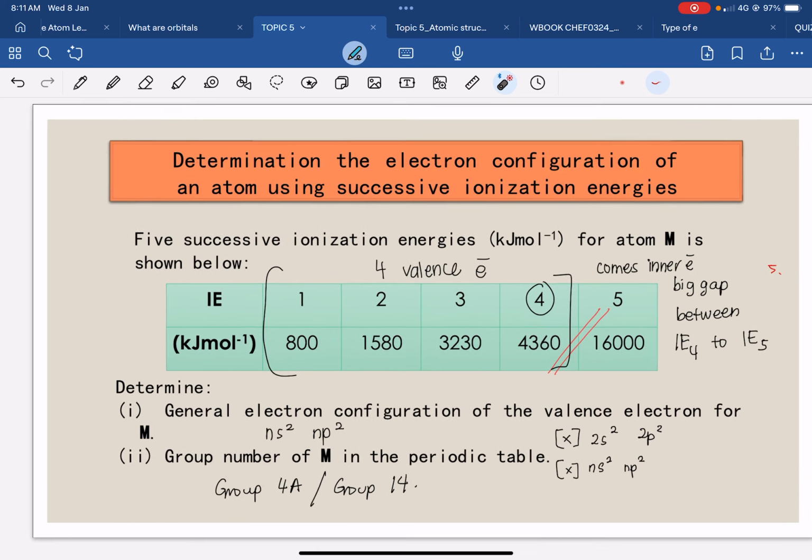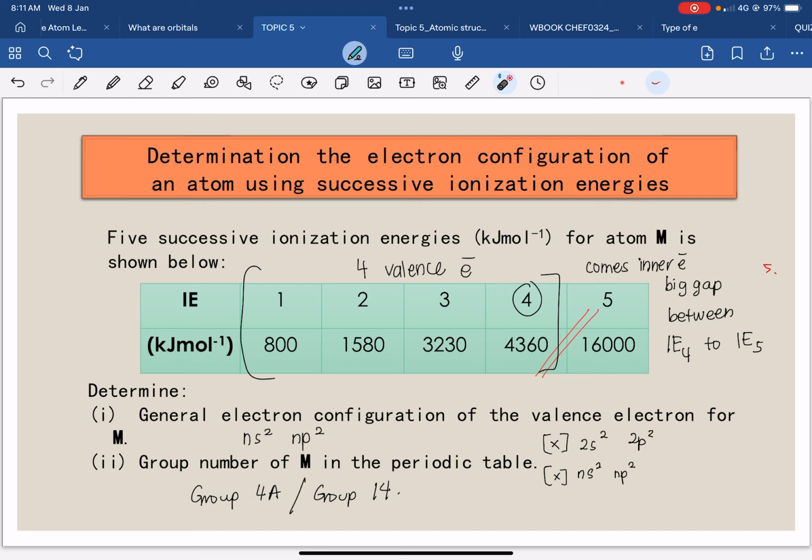Okay, so that's how we can tackle our successive ionization energy. So remember to look for the big gap between ionization energy yang berapa ke ionization energy yang keberapa. Okay, so this is very important point that you need to see whenever you have this kind of question.